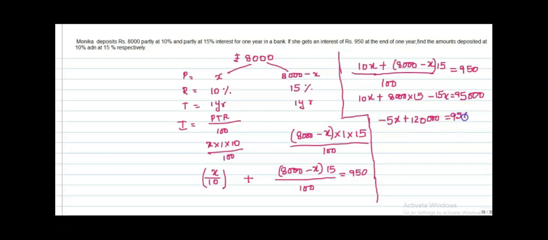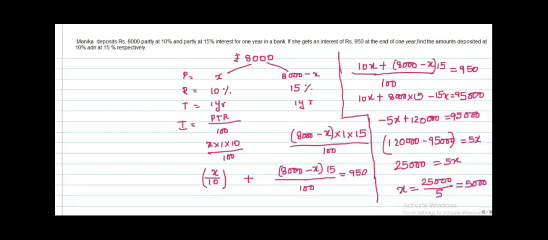So 1,20,000 minus 5x is equal to 95,000, or 5x is equal to 1,20,000 minus 95,000, which is 25,000. So 5x is 25,000, or x is equal to 25,000 by 5, which is 5,000.